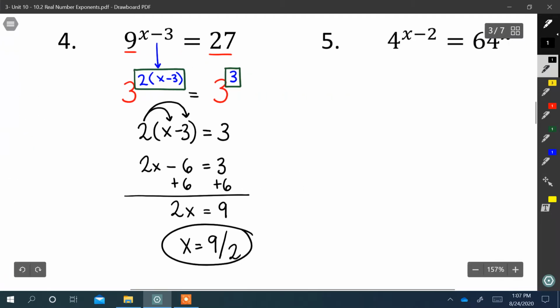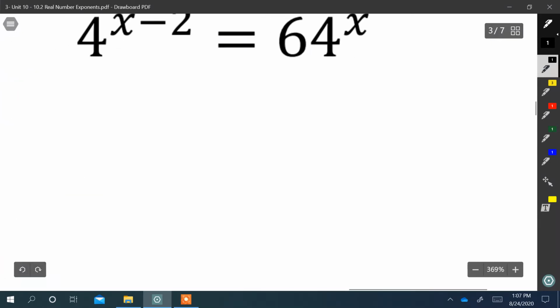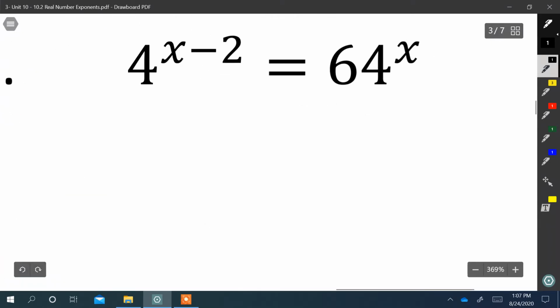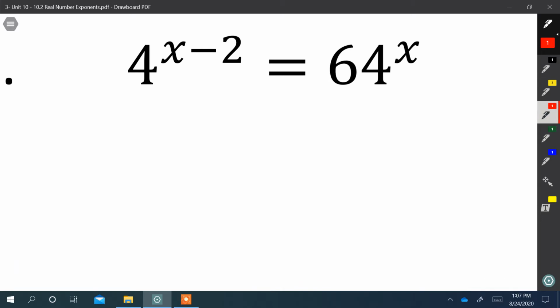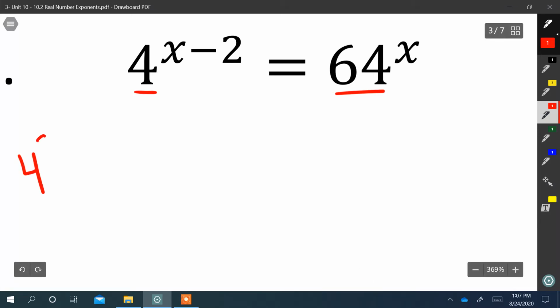Alright, let's go ahead and do number 5. Once again, we want to have the same base. There are 2 ways you can do this problem. First of all, we have 4 and 64. You have to realize that 4 to the 3rd is 64.